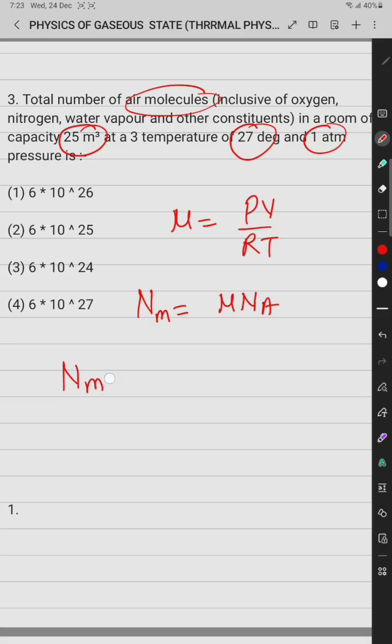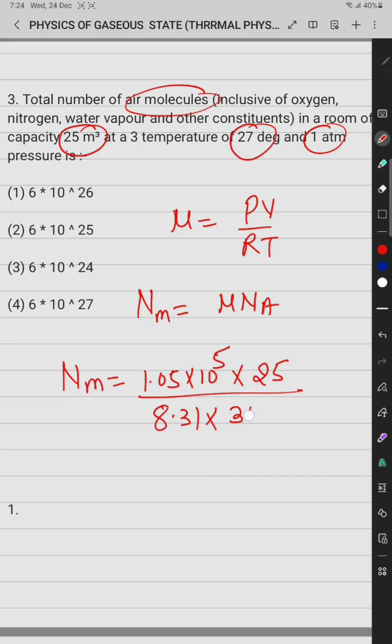Therefore the number of molecules equal to pressure into volume by RT into N_A. Therefore pressure is 1.05 into 10 raised to 5 for 1 atm, and volume is 25 in the SI system. R is 8.31 and the temperature is 300, and that is multiplied by Avogadro number.